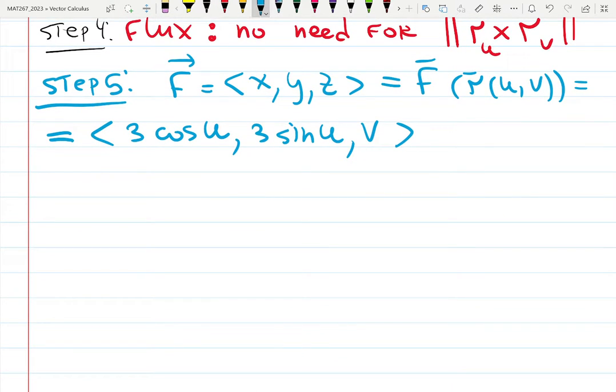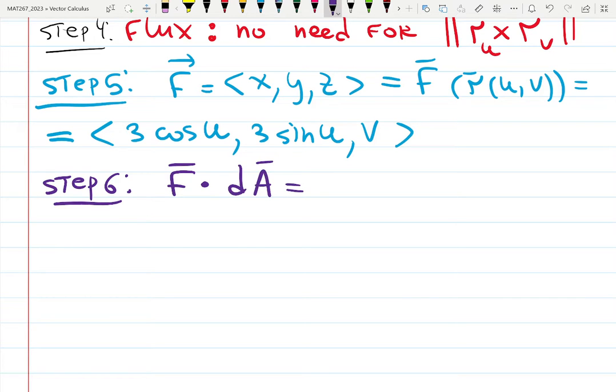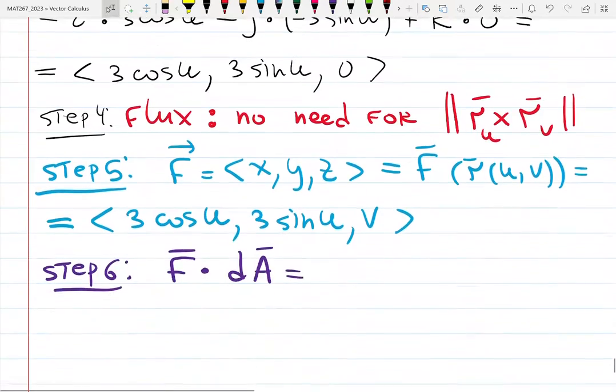Finally, the last step is also the same for both. It's a product. Step 6. Finally, we're writing down the integral, or you can actually find the product first if you want. The product will be capital F times, they call dA. And in this case, whatever you found in step 3 and 5, right?